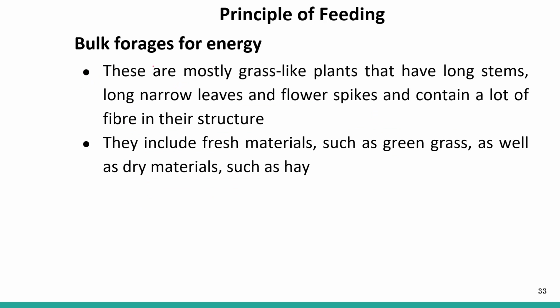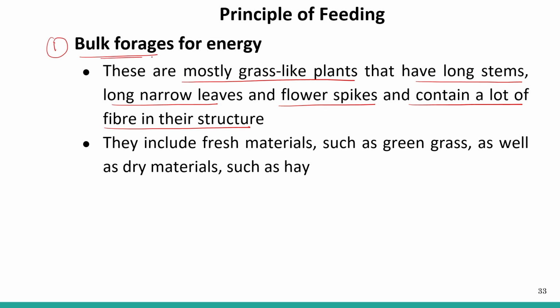So the first one is the bulky forage for the energy. These are mostly grass-like plants that have long stems, narrow leaves, flower spikes, and contain a lot of fiber in their structure. So that is why it is called bulk forage. Bulk means they are required in a large quantity, and they are mostly grass-like plants that contain a lot of fiber.